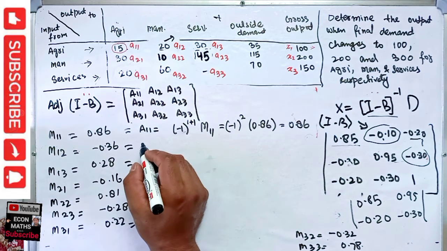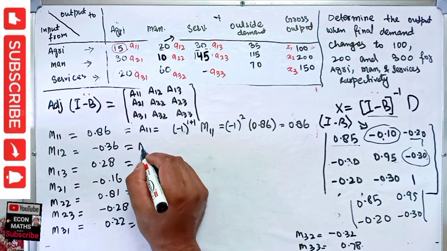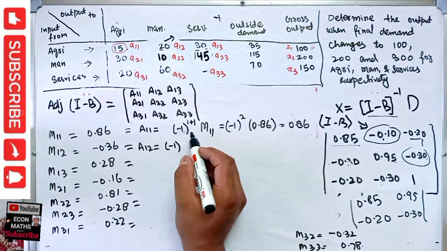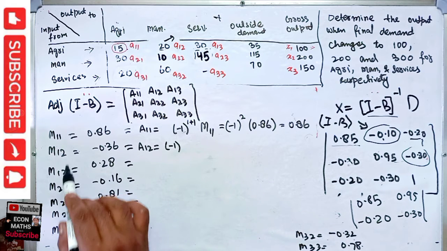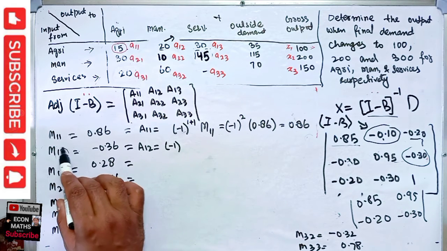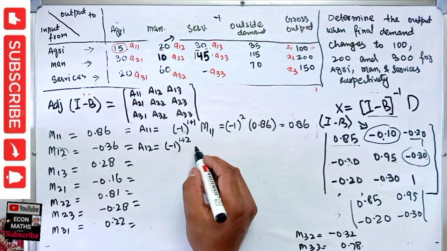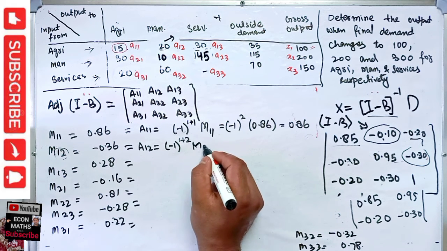Okay, similarly A12 would be simply equal to minus 1 raised to the power of the addition of the subscripts, that is 1 plus 2, times M12.